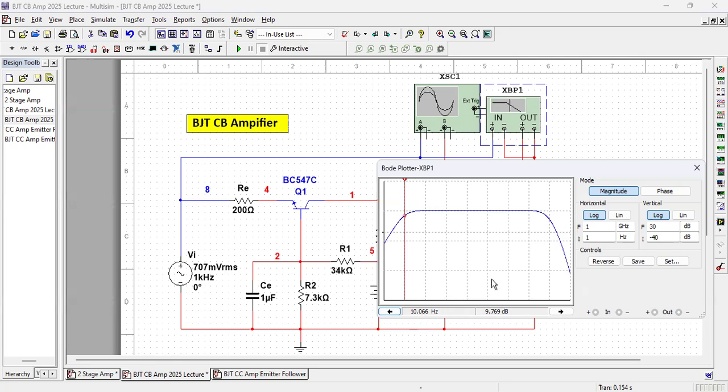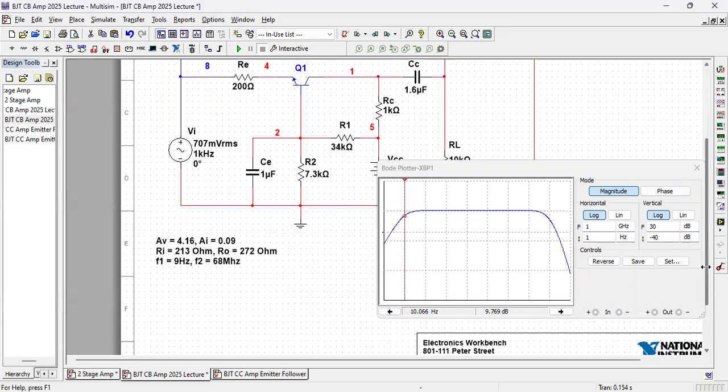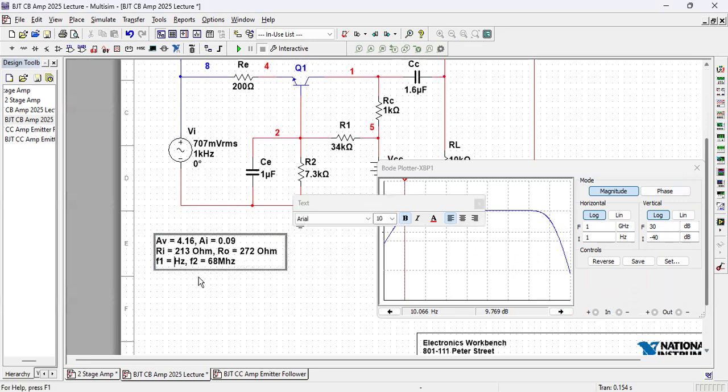So you can say the lower cutoff frequency is 10 hertz for this particular amplifier.